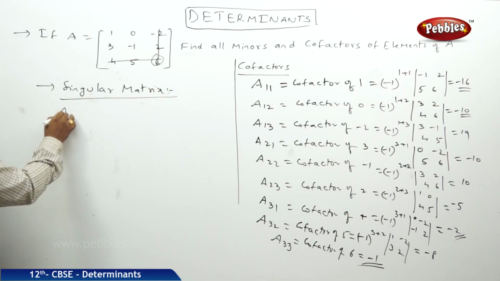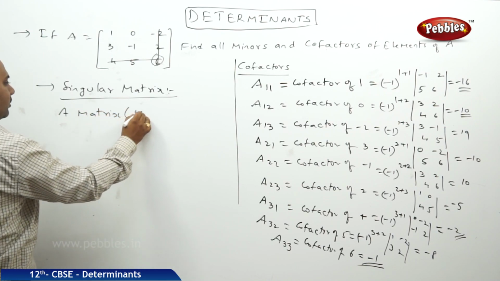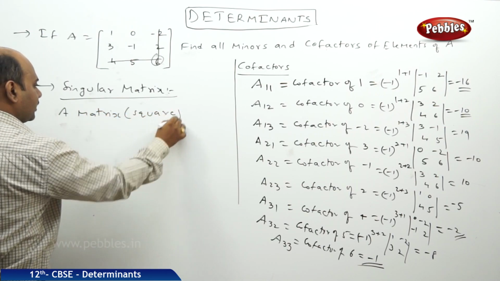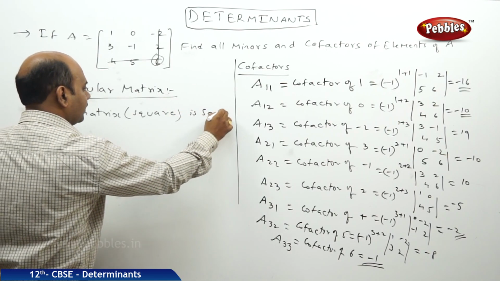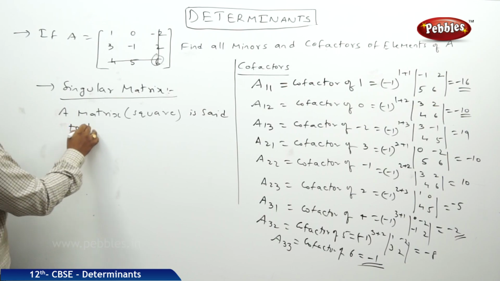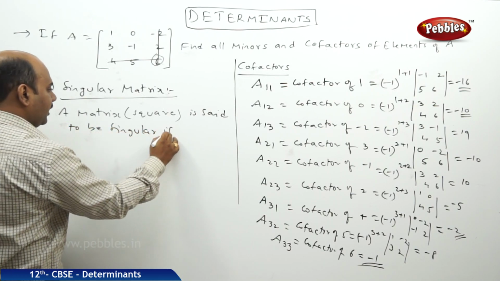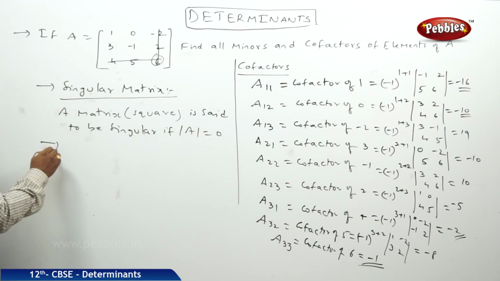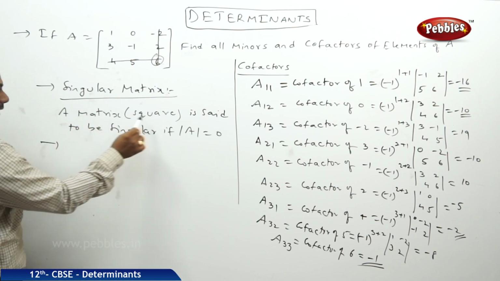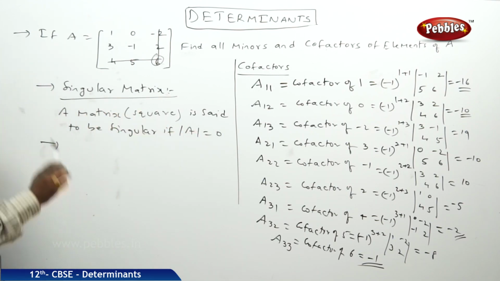What do you mean by a singular matrix? A matrix, always remember, is a square matrix. A square matrix is said to be singular if determinant of A is equal to 0.